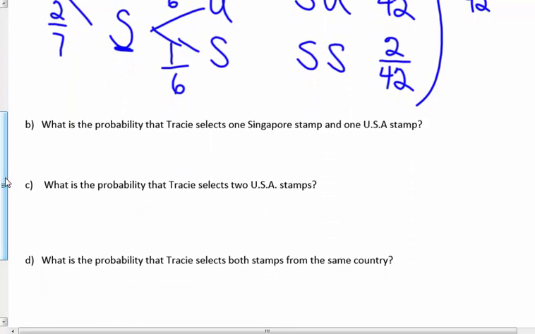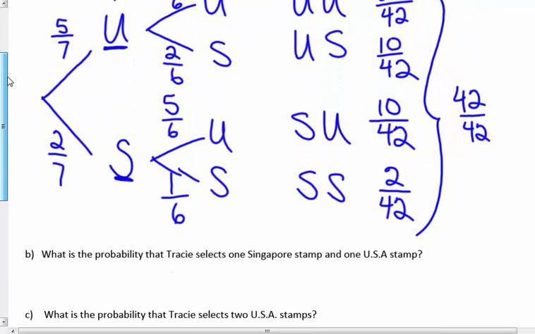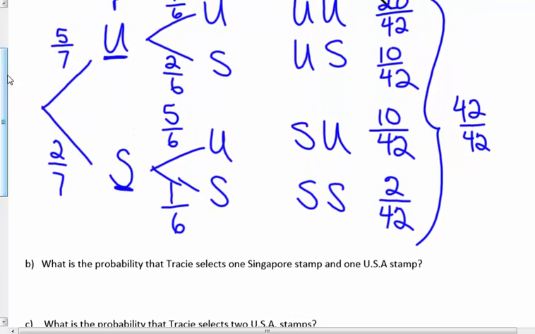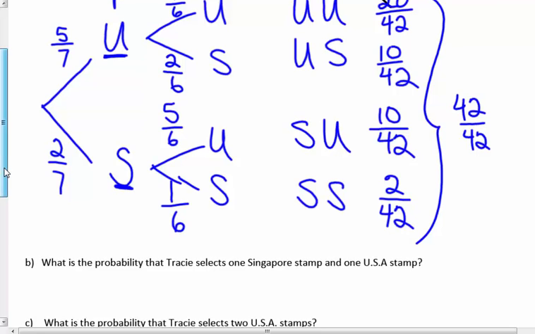So what is the probability that Tracy selects 1 Singapore stamp and 1 US stamp? 20 out of 42.